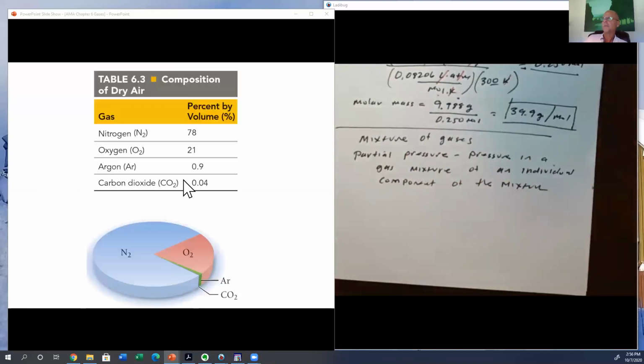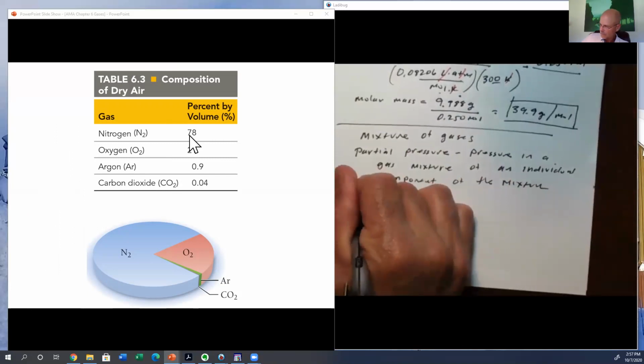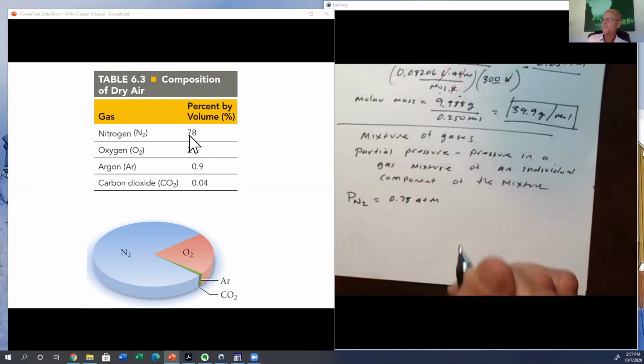So for example, air is composed of nitrogen, oxygen, argon, and carbon dioxide, right? And the air around us has a total pressure of about 1 atmosphere. But it has a partial pressure of nitrogen equal to 0.78 atmospheres.